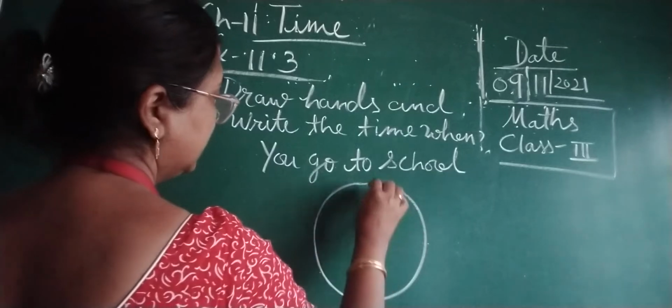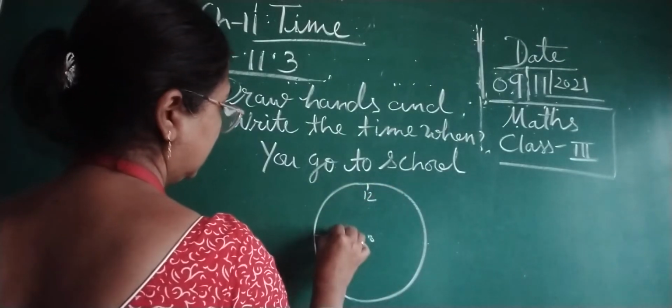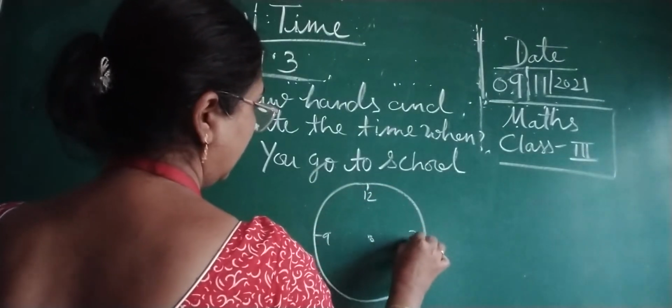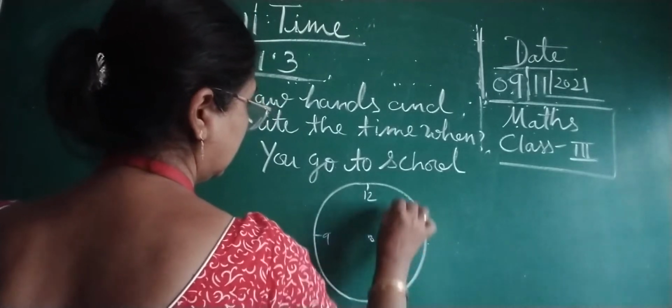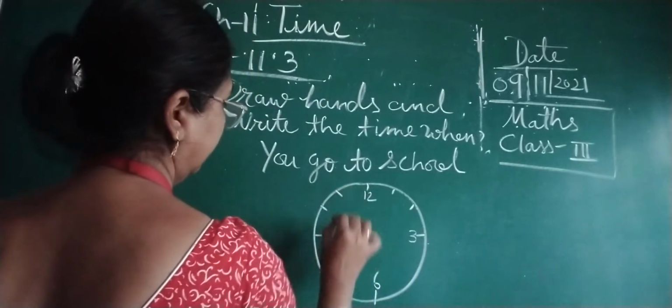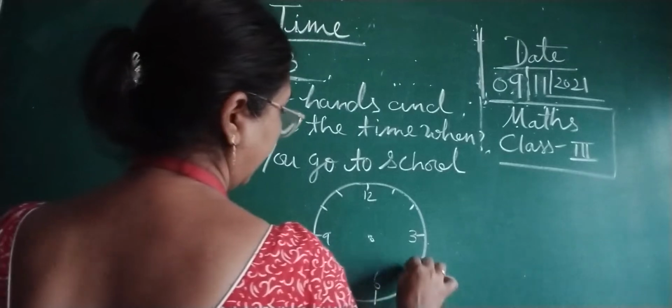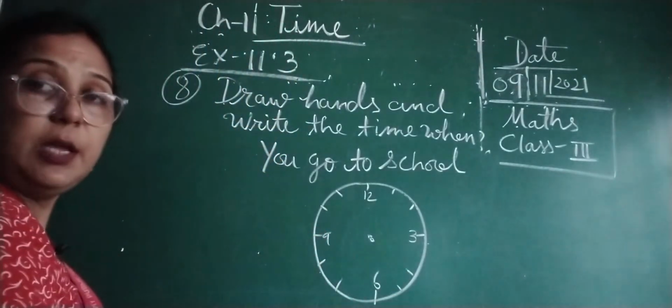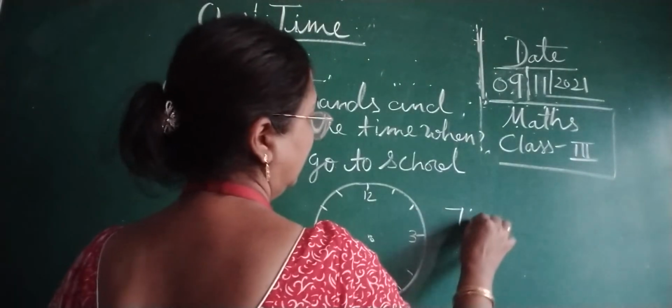Now here children you can see this is 12, this is 9, this is 3, this is 6. चलिए, so actually the time is already given, that is 7:30.